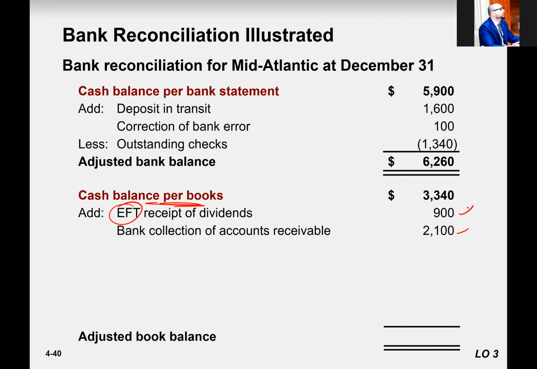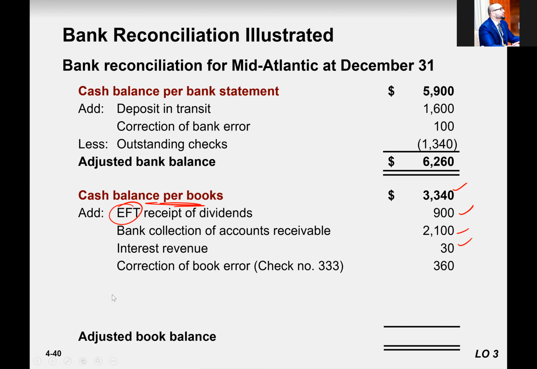You gain this knowledge by looking at the bank statement. Okay, this customer has submitted the amount, which means our cash is increased. You adjust your bank balance. So add all the electronically transferred receipts, that's it. And all the interest revenues that the bank received on your behalf.